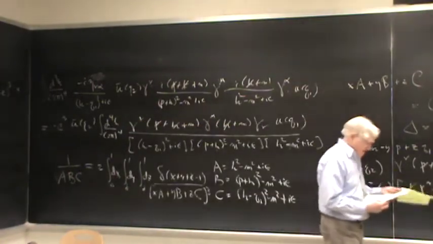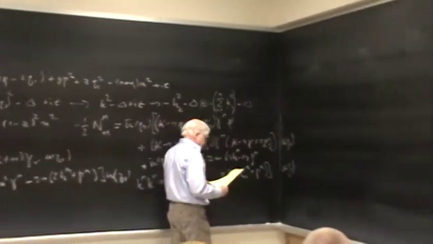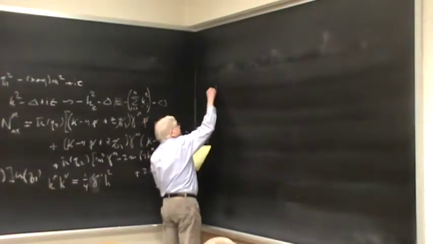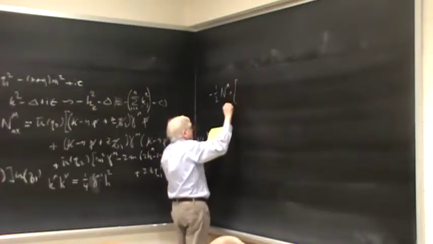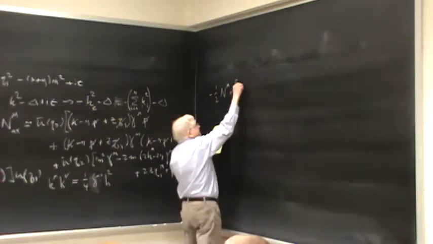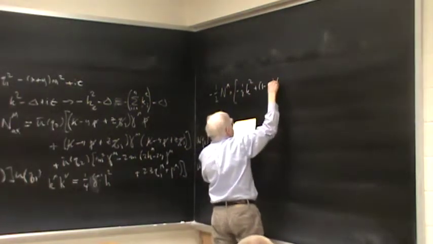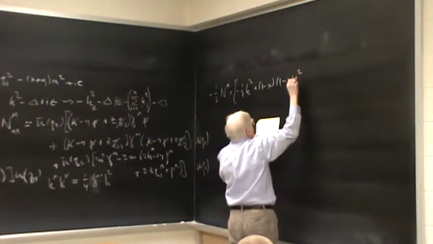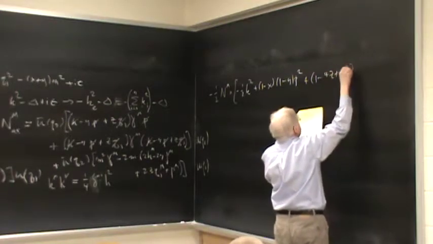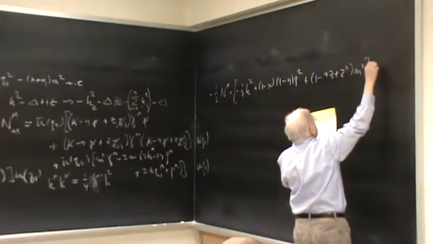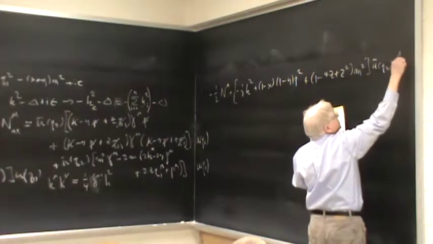Well, you use those things and a terrific amount of algebra, and then you find that this numerator is minus a half in mu, and this is then minus a half k squared plus (1 minus x)(1 minus y) p squared plus (1 minus 4z plus z squared) m squared, u bar q2 gamma mu u of q1.